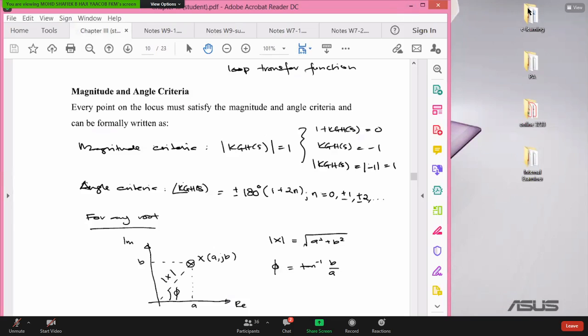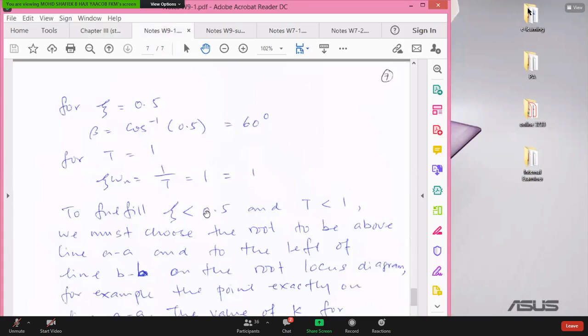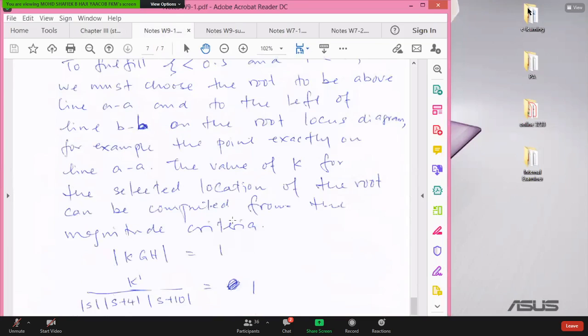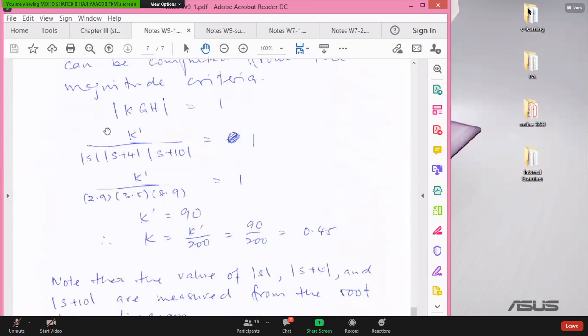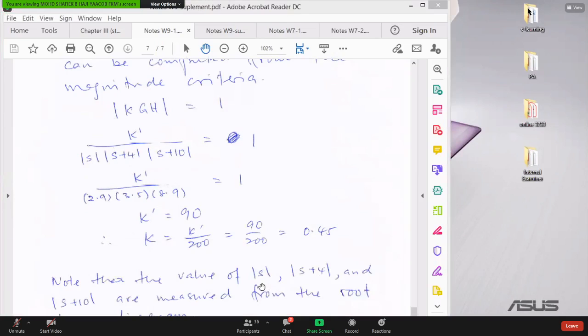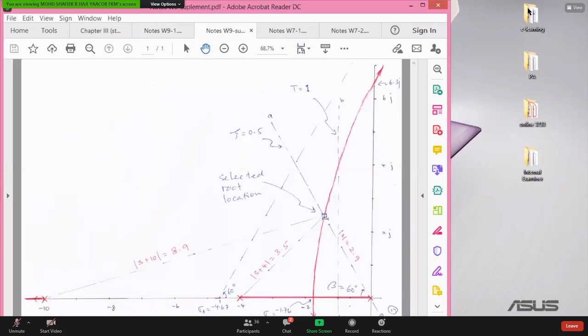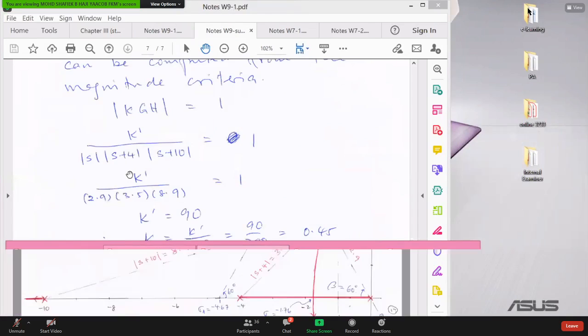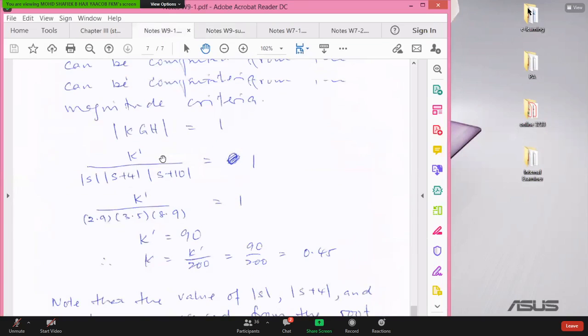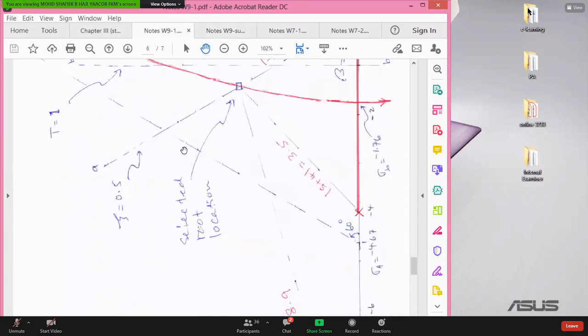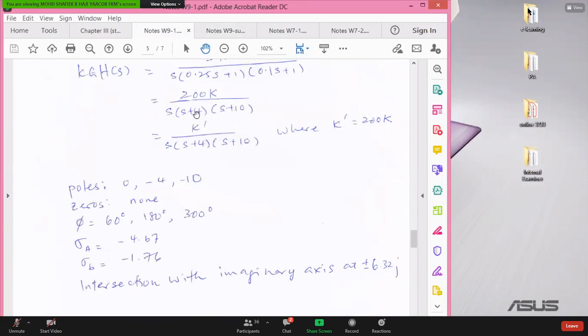Okay, so let's go back to our diagram. The magnitude criterion says that the magnitude of KGH must be equal to 1. When we select that point, the open loop transfer function KGH is K prime divided by s, s plus 4, s plus 10.